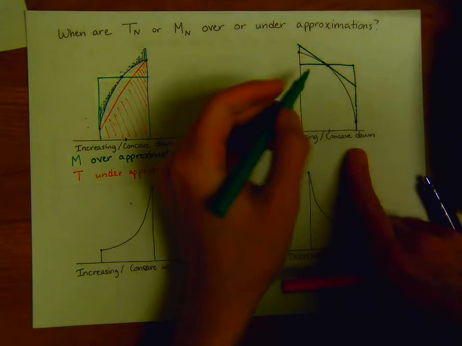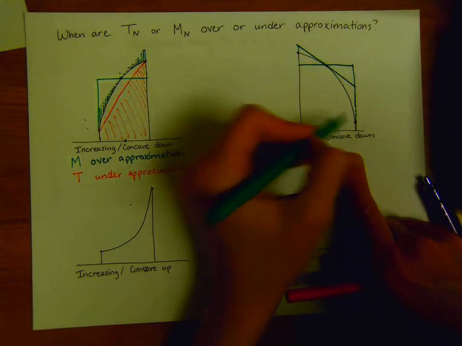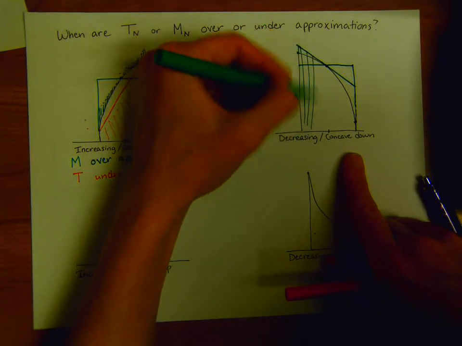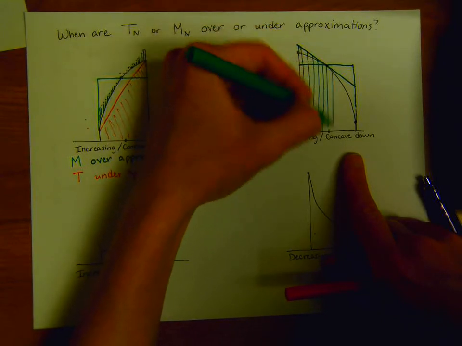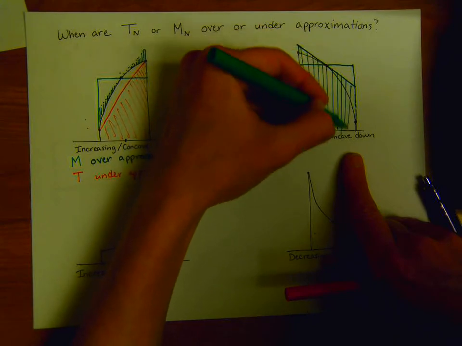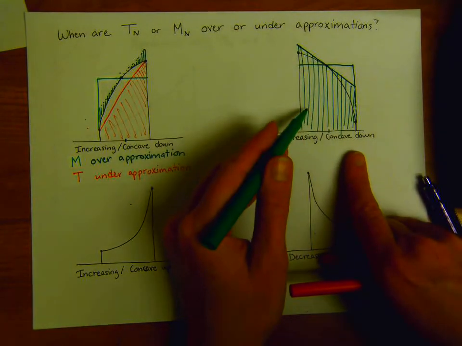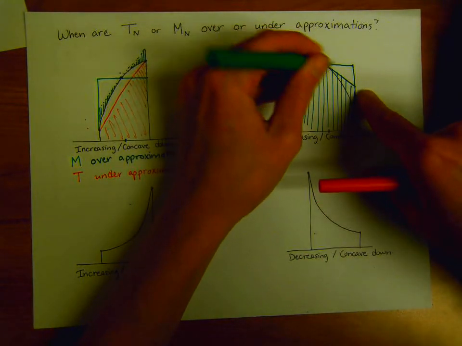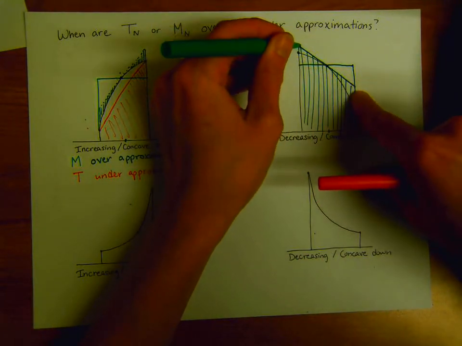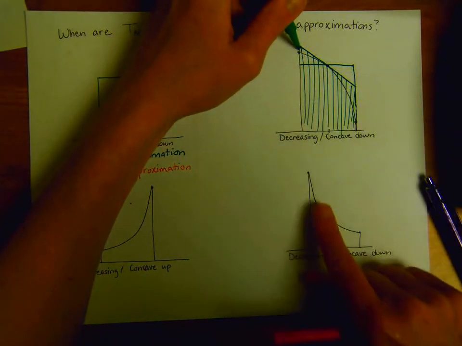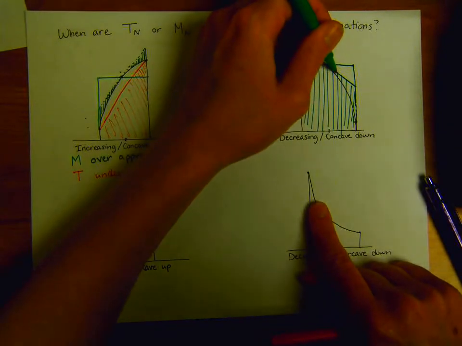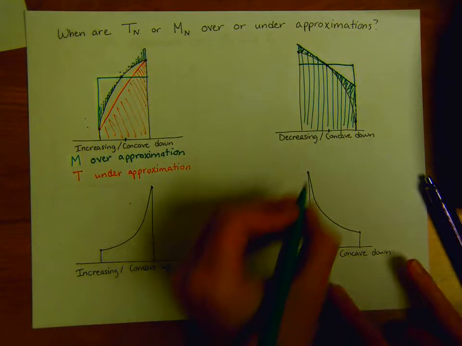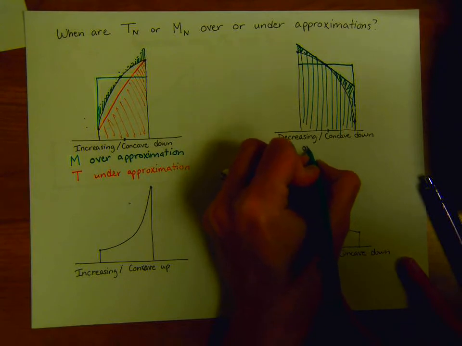So again, we see that this rectangle has the exact same area as this big trapezoid. Maybe I can color in the trapezoid. But this trapezoid isn't the trapezoid rule trapezoid, so not to be confused. It's really just a way to visualize this midpoint rectangle has the same area as this trapezoidal shape, and it has more area than what's under the curve. So it's also an over approximation.